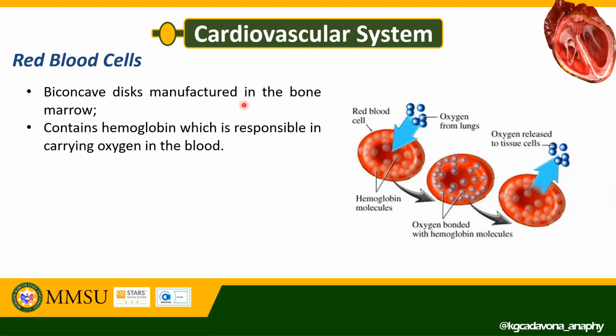Eventually, these carry the oxygen which is transported all throughout the body of the animal. These cells are flexible so they can deform in order to move through capillaries.